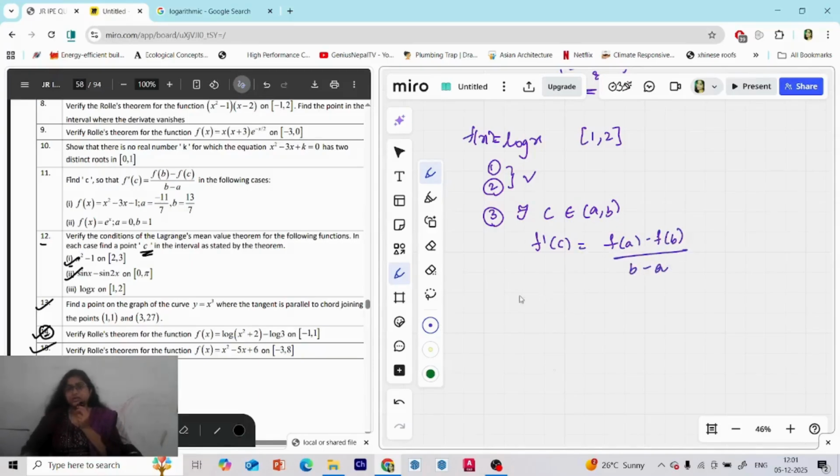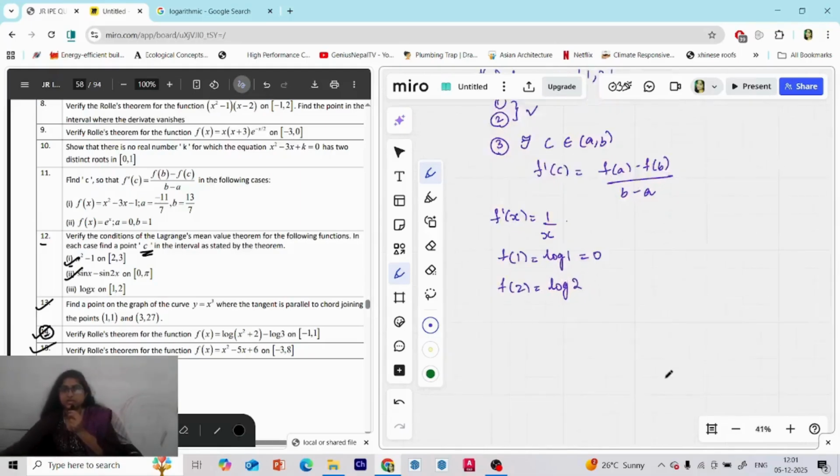So f dash x is 1 by x, correct? f of 1 is log 1, which is 0. And f of 2 is just log 2.